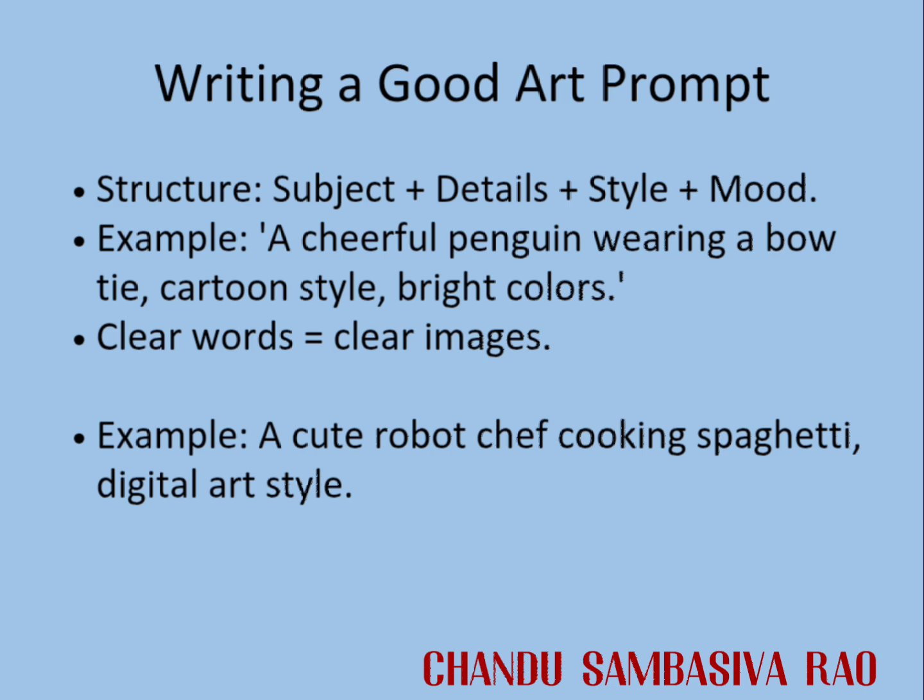We can make it part of the prompt. For example, a cheerful penguin wearing a bow tie, cartoon style, bright colors. You see, we give so much information. It's a penguin. It is cheerful. It's wearing a bow tie and in bright colors. Of course, we want the entire visual to be in cartoon style.